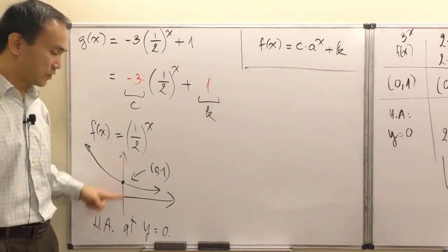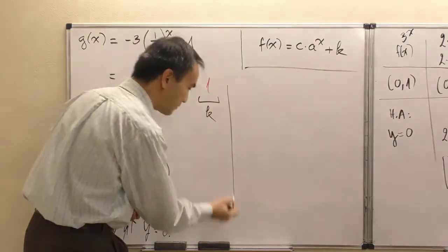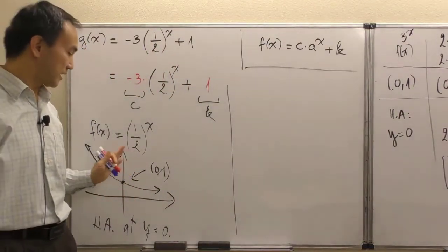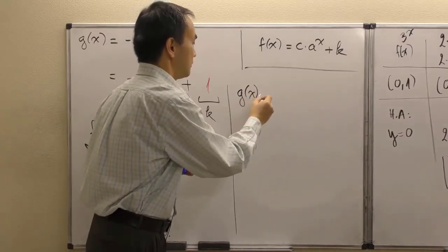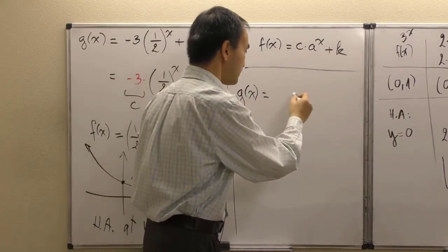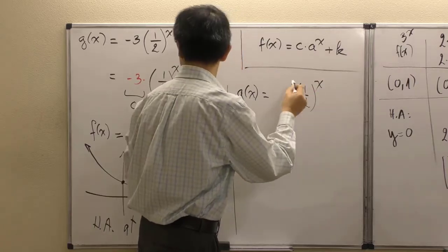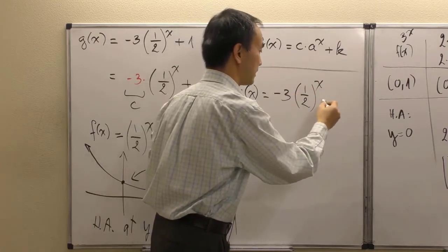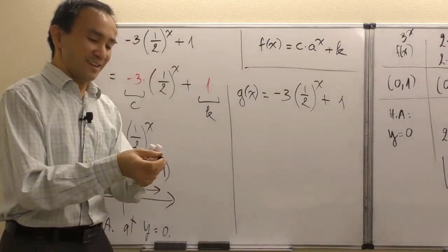All right, so these are the two major characteristics. So let's now switch over to decimals to look at the graph for our version of g of x, which is the function 1/2 to the x, multiplied with -3, and then add 1. Let's investigate that.